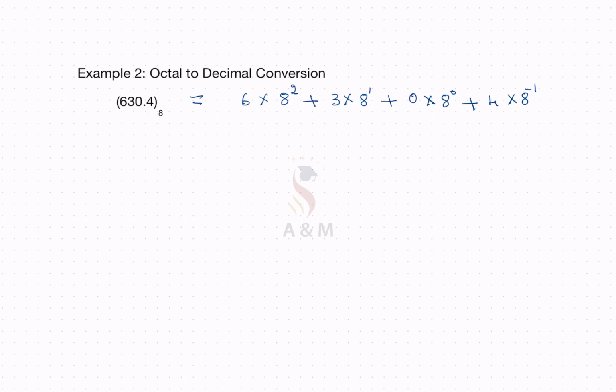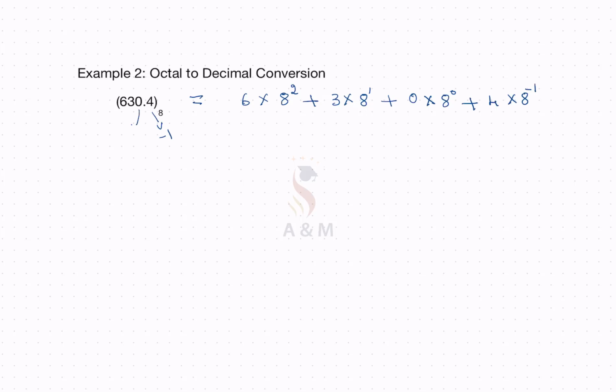Here, 8 represents the base value. The digits 6, 3, 0, 4 represent the coefficients, and the power represents the position of the coefficients. That is, 4 represents minus 1.